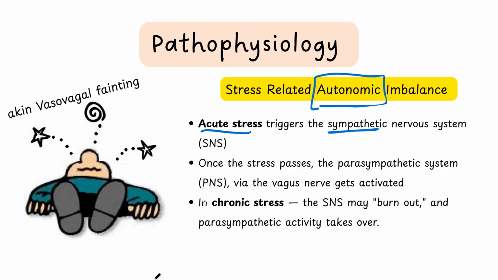But when someone is suffering from chronic stress, the sympathetic nervous system can also burn out, and at this time it is the parasympathetic activity that takes over, and this is something which also explains the vasovagal fainting that occurs in acute severe stress and also in some acute on chronic stress conditions. Here the vagus activity basically takes over the sympathetic tone and leads to conditions like vasovagal fainting and also accommodative spasm.